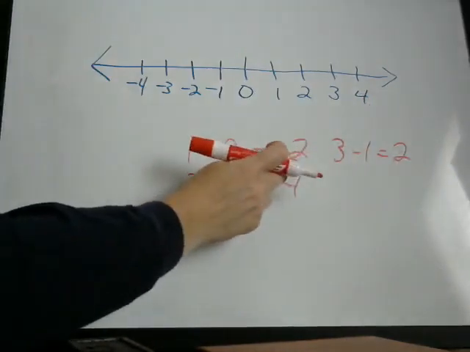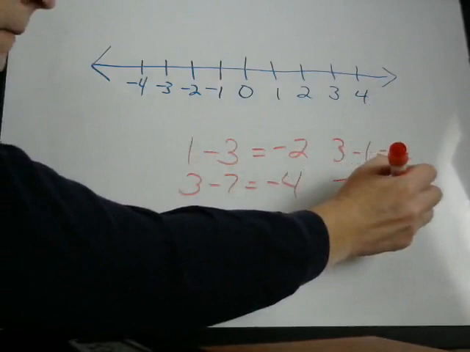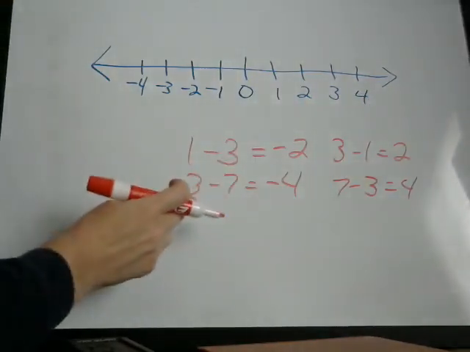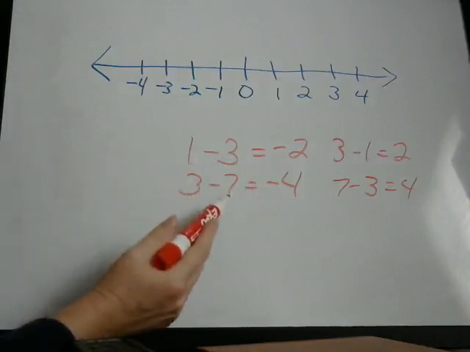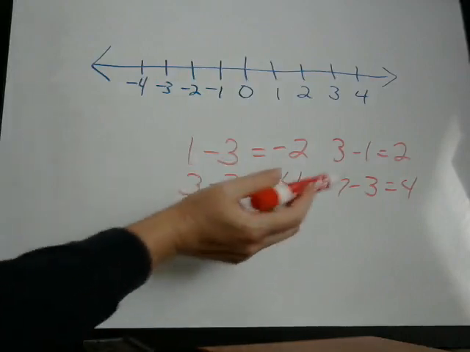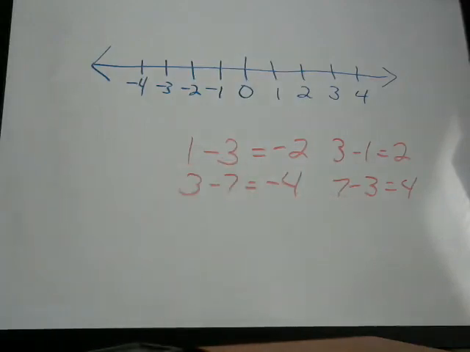Here the answer was negative 2. 7 minus 3 is 4. Here the answer was negative 4. So how you can think of this is if what you're subtracting is larger, you just swap them out and add a negative sign to it.